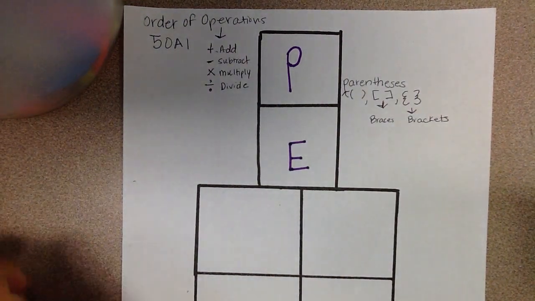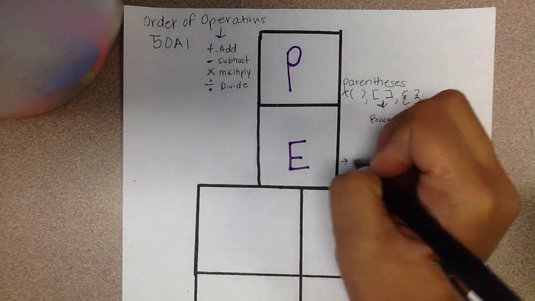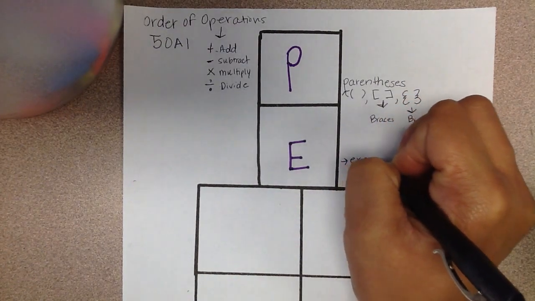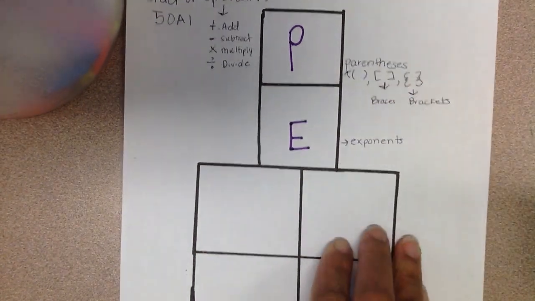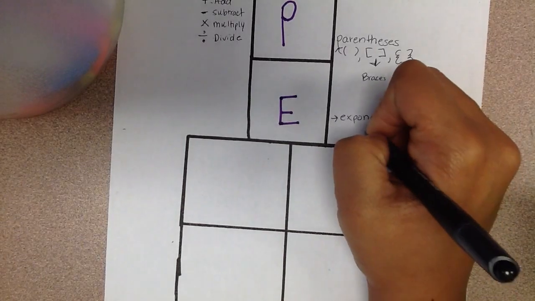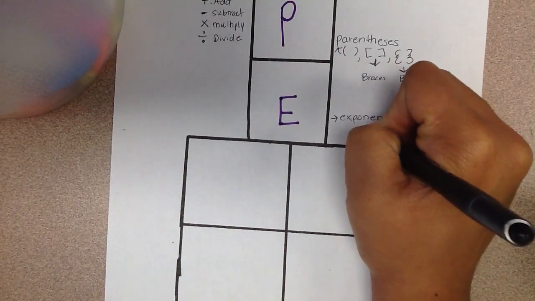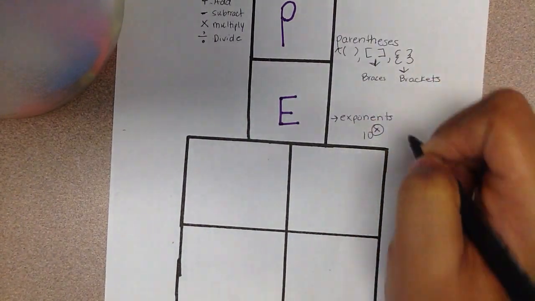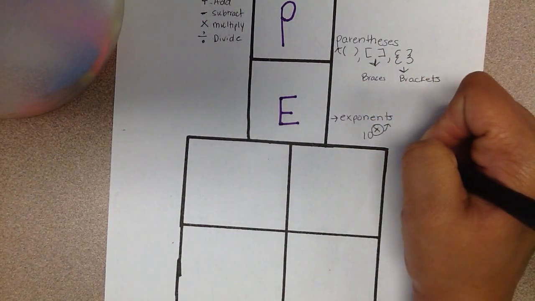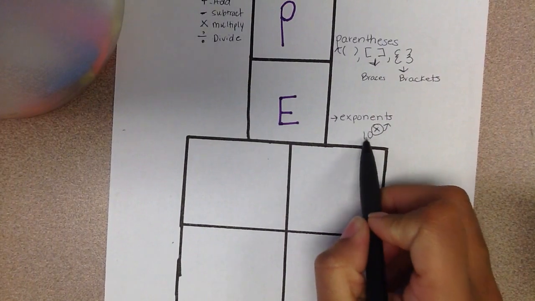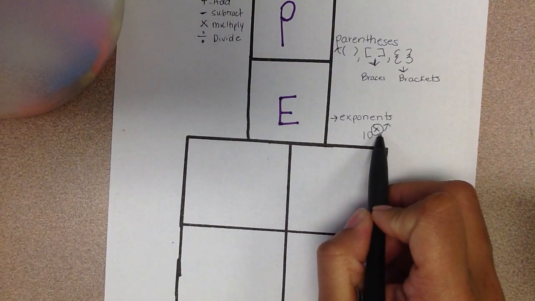Okay, and this stands for exponents. So if you remember when we did powers of 10, we had the number 10, and then we had a little number up here in the corner, and we'll just call that number X for right now. The little number up in the corner is called an exponent. You don't just have to have a 10 to a certain power. You could have any number to a certain power.